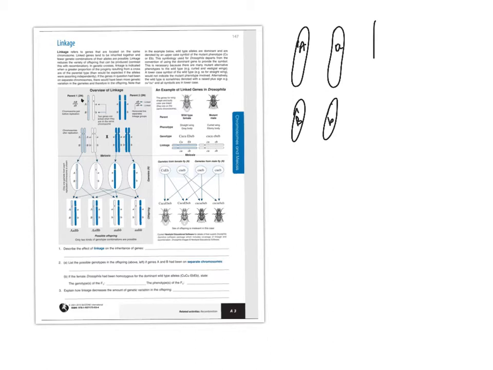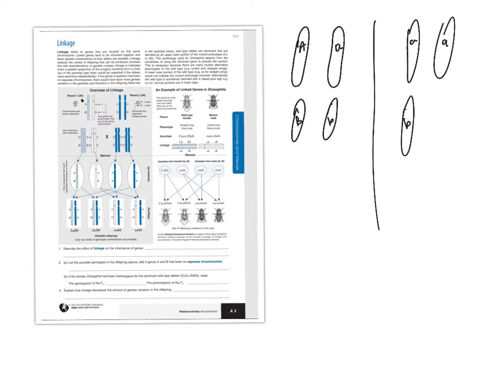And then that person marries another human with two recessive A's and then two recessive B's. So what does this do to genetic variation if these genes were not linked? In other words, they were on different chromosomes. What would that look like when we start to produce the gametes?